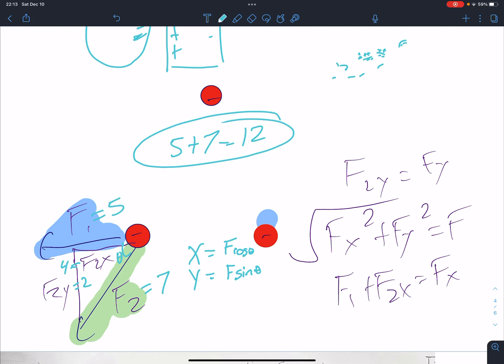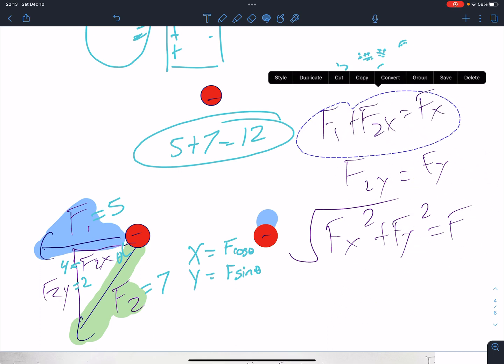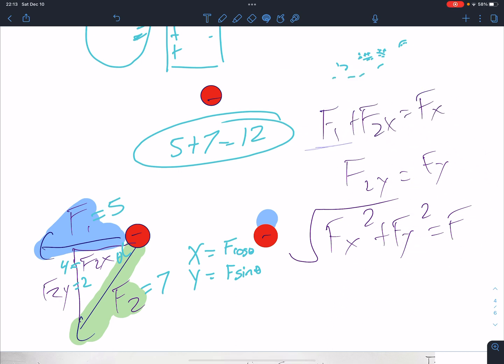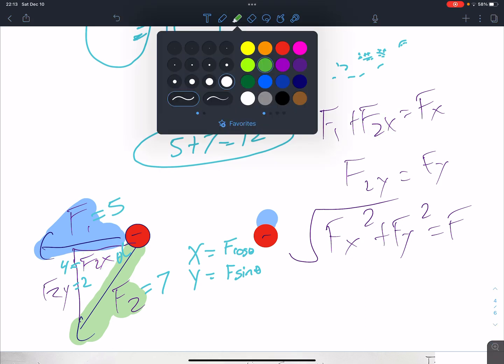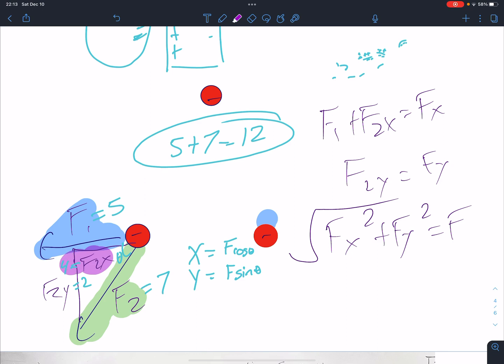Once you break it into components, now you can do this. You can do F1, because it's in the x direction, plus F2 in the x direction. You would only do this one. All right? Let's change the color. You would only do this one. And this would go here, and this would go here. You would add those together to get the total force in the x direction.